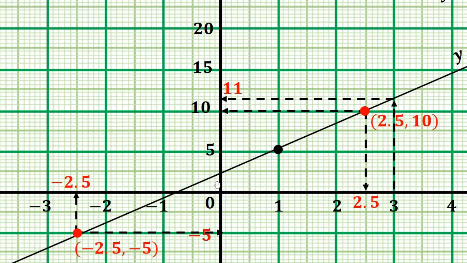To the next one, you add another 0.5, and that will give us 1. To the next one, you add another 0.5, and that will give us 1.5. Then to the next one, you add another 0.5, and that will give us 2. So from 0, we move on to 0.5, 1, 1.5, and 2. So 2 will be the fourth division.